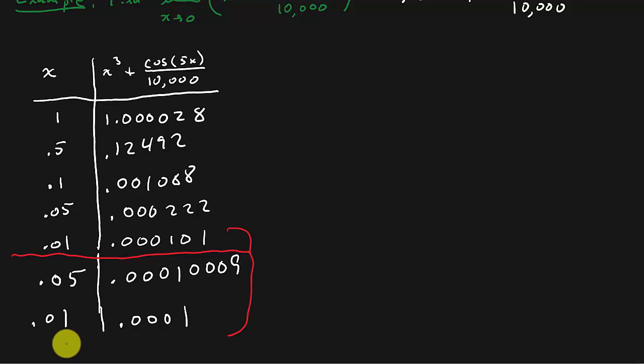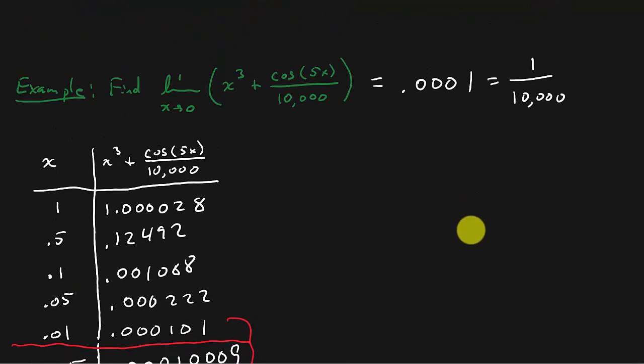And actually you'll see later on why it's 1 over 10,000, because later on you'll see the limit as x goes to 0 of cosine of 5x is equal to 1. And there's your 1 over 10,000.